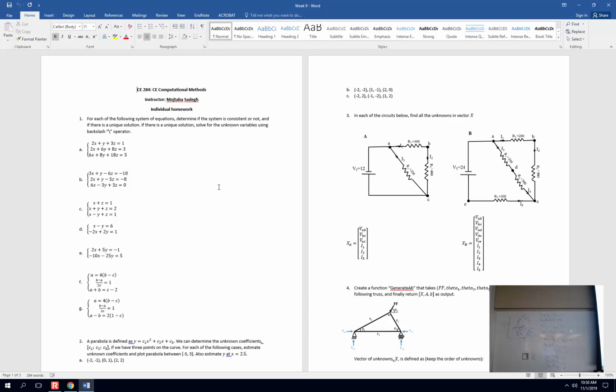Then I have 2 and 5. 2 and 5 are 1. 4 is negative 1. Then I have VAB and VBD. Then I'll keep VA, adding to this matrix.